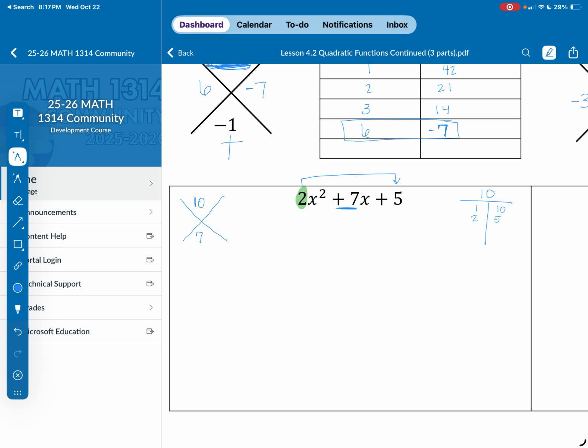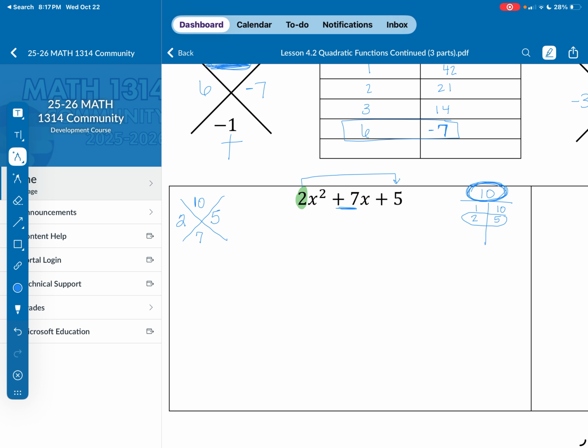Now, because this number here is a positive 10, and we're adding to get a positive, we're going to keep our factors both positive. So if I take 1 plus 10, that doesn't give me 7. But 2 plus 5 does, so those would be my factors that I'm going to use.